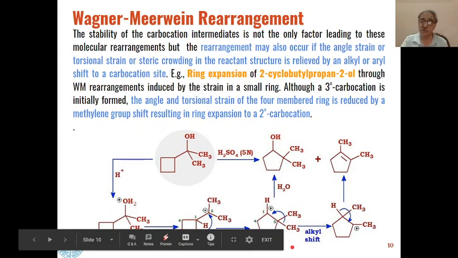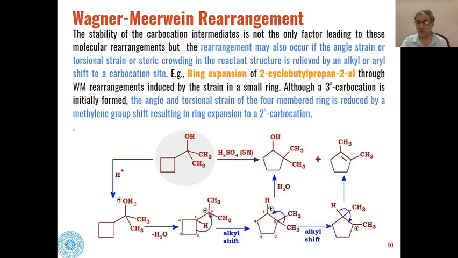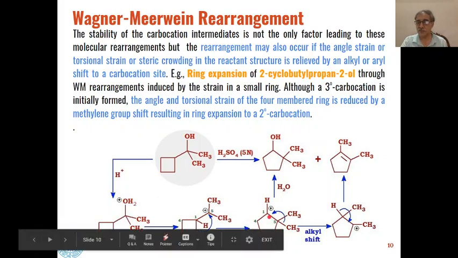You can see over here, although this was a tertiary carbocation and this is a secondary carbocation, and in terms of carbocation this is more stable, to relieve the torsional and angle strain of the 4-membered ring and transfer into a 5-membered ring gives more stability to the system. So that is why this migration of the methylene group takes place to give us a ring expanded product.